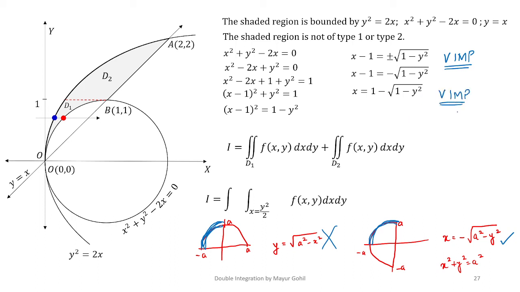Okay, you can see this is the standard circle with radius a we had taken in our discussion. Now what we have over here is that the circle is shifted by 1 unit. Because the center is shifted for this circle, the center is 1 comma 0.